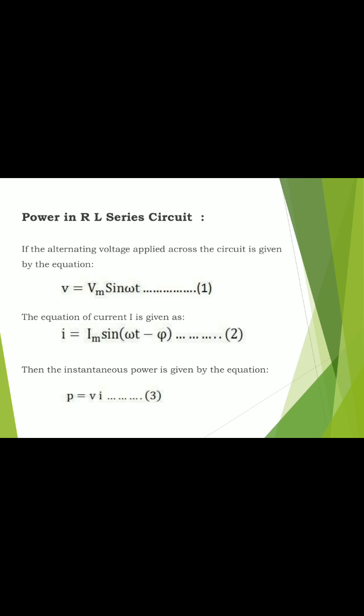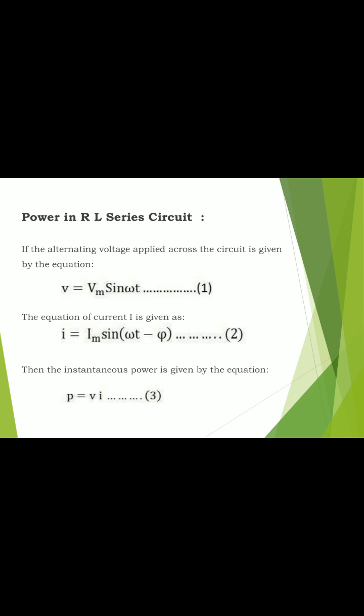It is obvious that the average power supplied to the circuit is P is equal to V into I. If the alternating voltage applied across the circuit is given by the equation v is equal to Vm sin omega t, the equation of current is given as i is equal to Im sin (omega t minus phi).